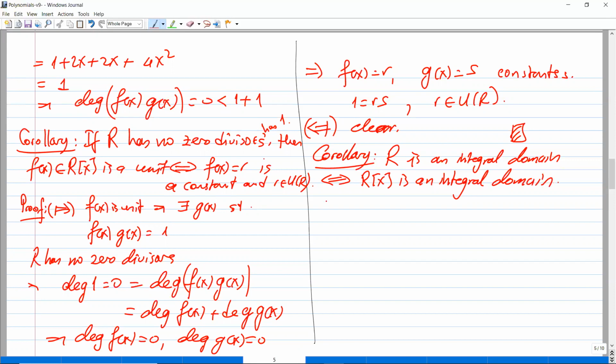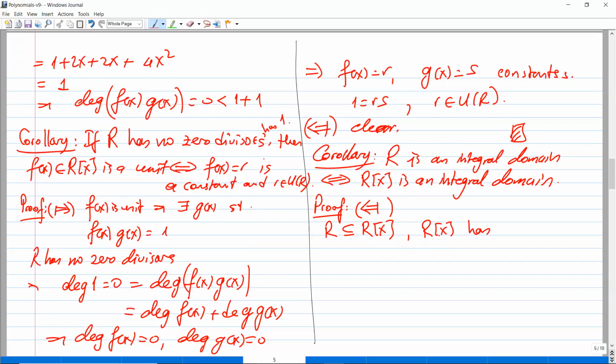Okay, proof of the corollary. Let's do it this way first. Conversely, if R[x] is an integral domain, R is a subset of R[x].